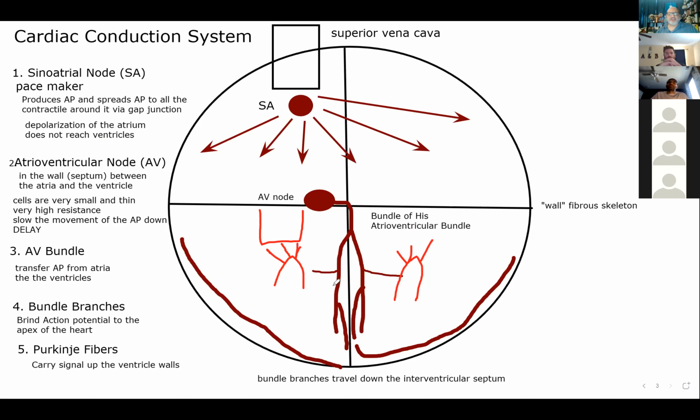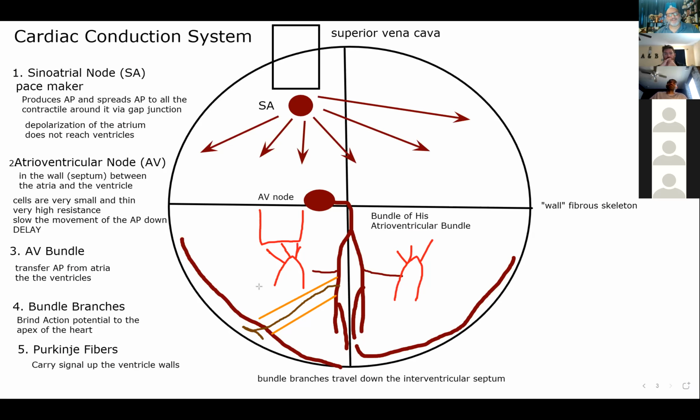So definitely in sheep and maybe in humans, there is a tube-like extension of muscle that goes from the interventricular septum to the wall of the right ventricle, in which some of these bundle branches can take an alternate path to get to the ventricles and start the contraction a little bit early to give it a little bit of help.